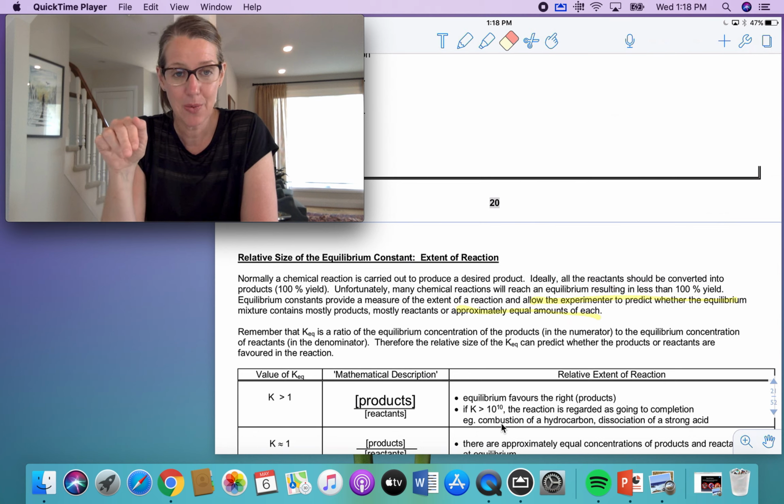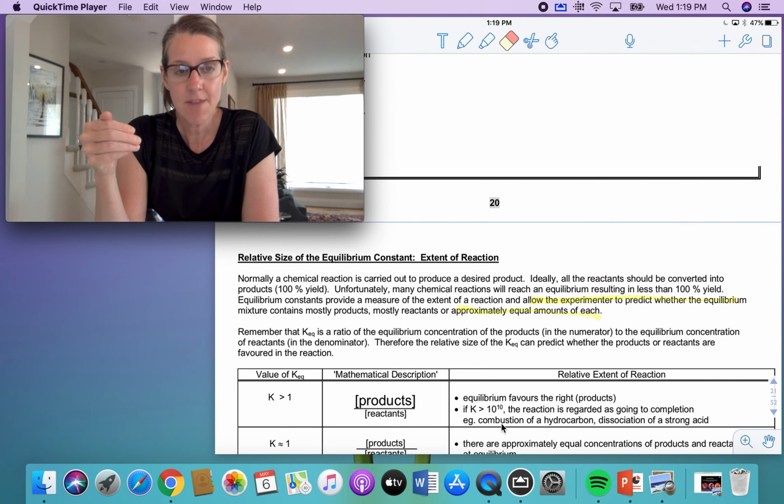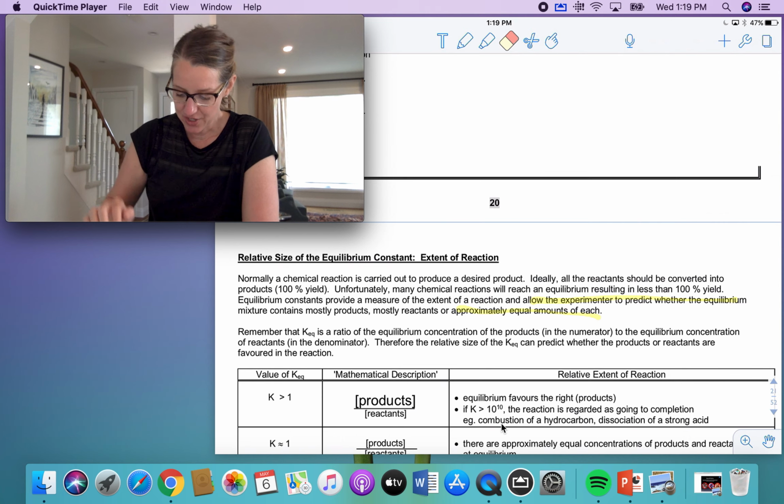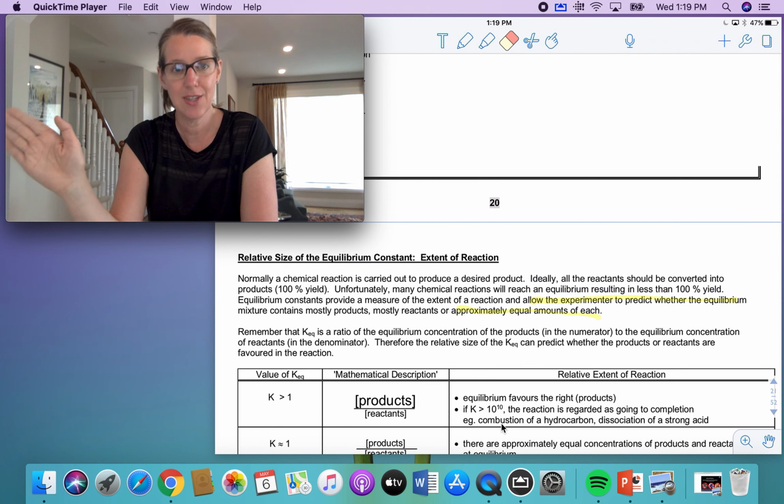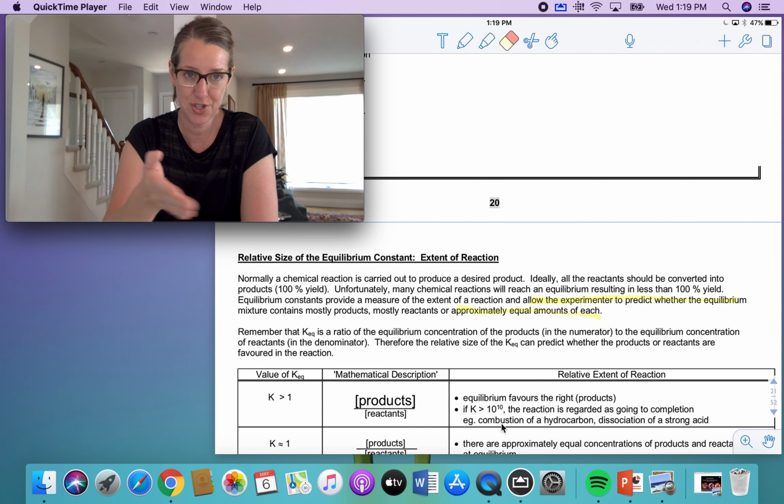So this part right here is the second part where we just look at the math and see, once we've calculated K, is K greater than 1? Is it 1? Or is it less than 1? This can tell you the extent of the reaction. We can see, is the reaction still going in the forward direction? Is the reaction favoring the reverse direction?